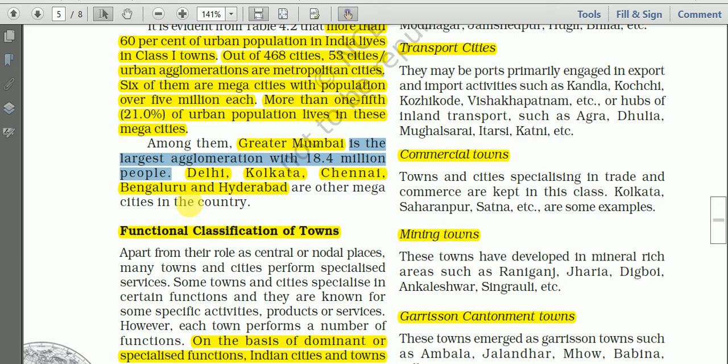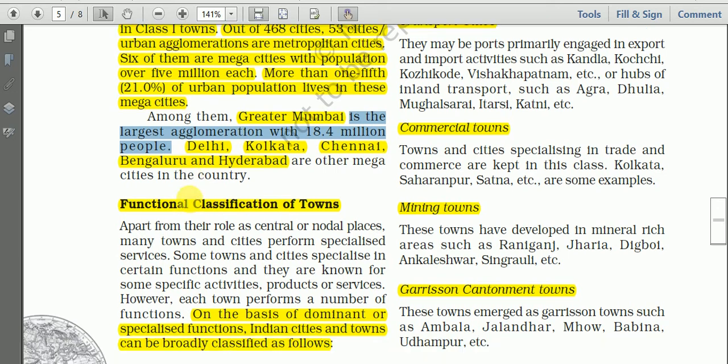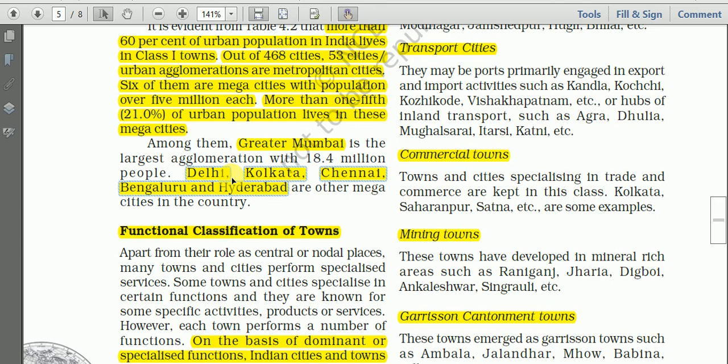And other urban agglomerations or megacities are Delhi, Kolkata, Chennai, Bengaluru, and Hyderabad. 1, 2, 3, 4, 5, 6. Altogether, we have 6 megacities, and we have 53 metropolitan cities in India. Out of the 53, 6 are megacities.